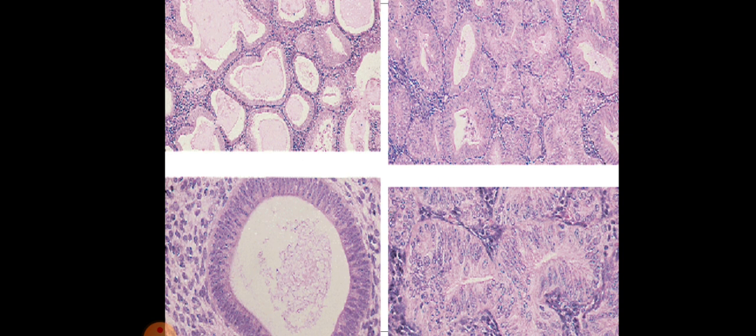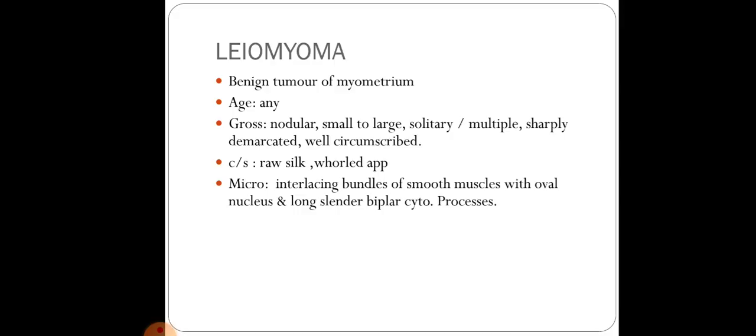These all pictures are of endometrial hyperplasia. In the first column, the above and below pictures are of simple endometrial hyperplasia, and the second column is of complex endometrial hyperplasia, where you can see endometrial gland crowding with nuclear abnormalities.